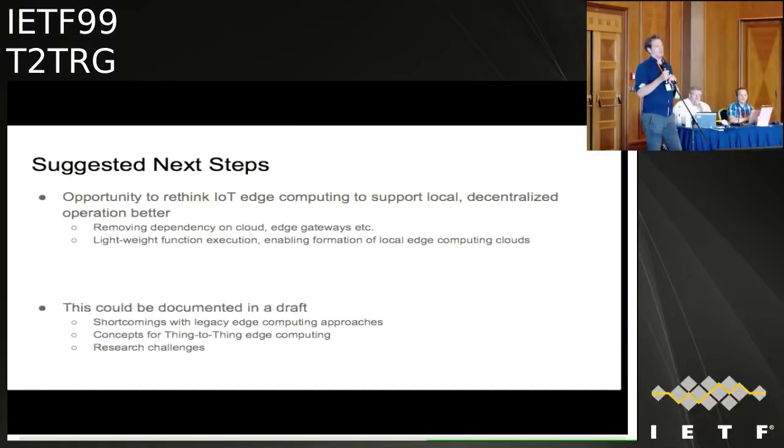It's just perhaps a good idea to design systems in a way that is not cloud dependent. Potentially this could mean that a lightweight functional execution approach would be useful, enabling the dynamic formation of local edge computing clouds.